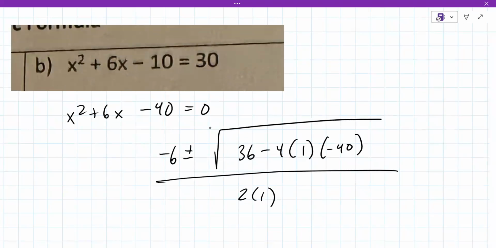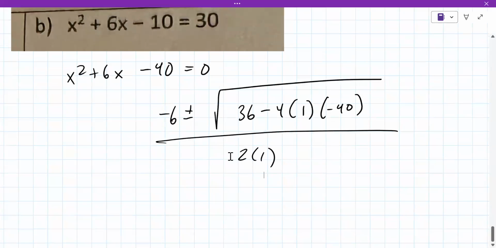So you get negative 6 plus or minus the square root of 36 minus 160.